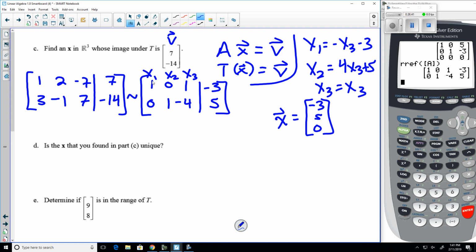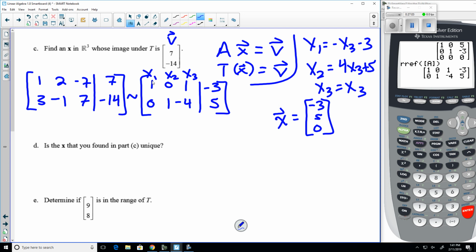Does that mean you can put anything for the? It's free. Yep. X3 is free. You can plug in anything and you'll get a solution. Now sometimes we might say non-trivial, which would limit you. You can't have the 0 vector as a solution. Or would this count as a 0 vector?